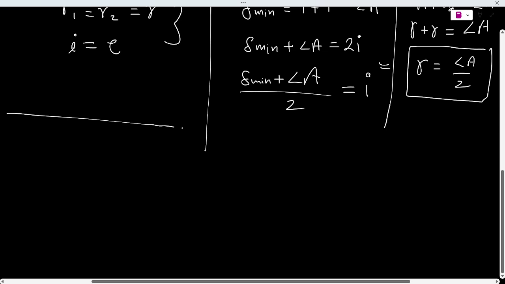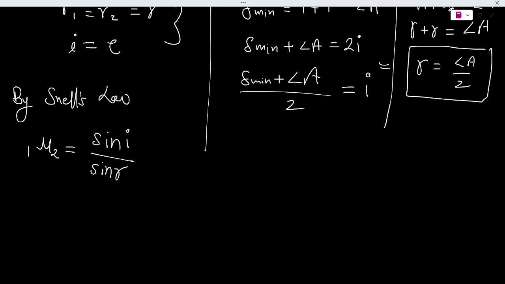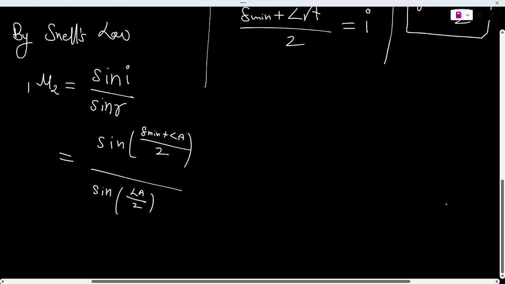By Snell's law, 1mu2 equals sine I by sine R. Now we just have to put the values of I and R. Sine I is sine of (delta min plus angle A) by 2, and the value of R is angle A by 2, so sine R is sine of angle A by 2.